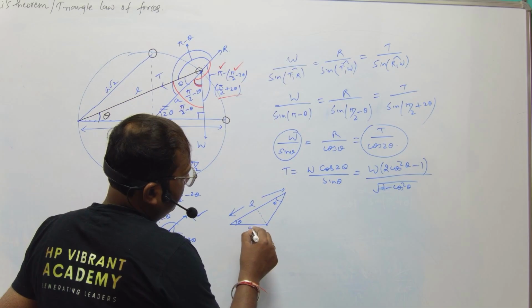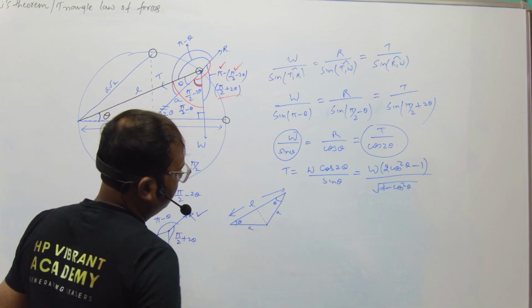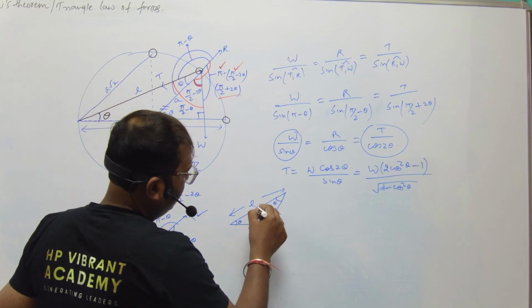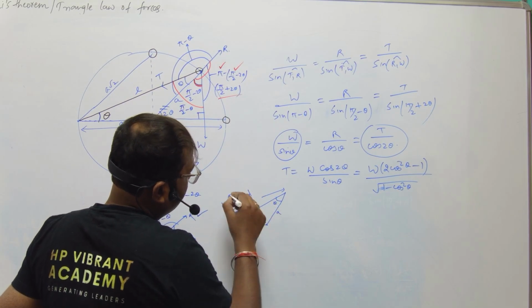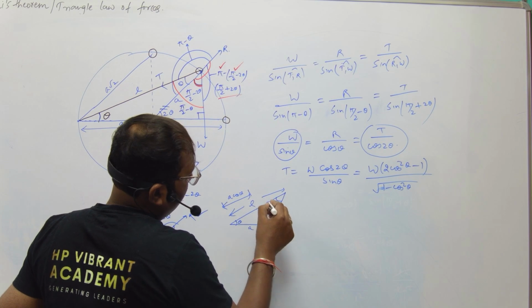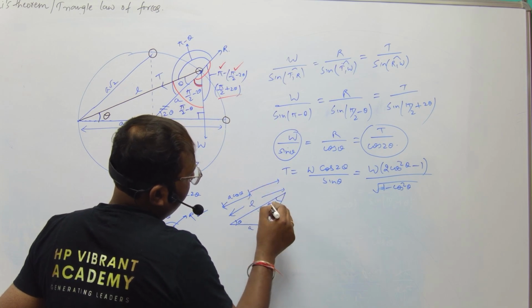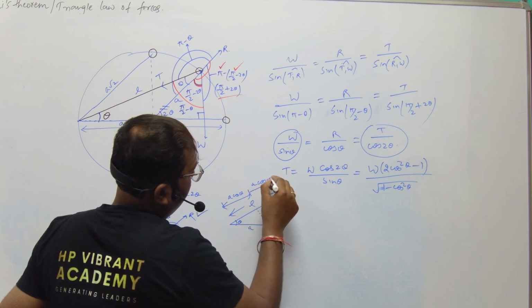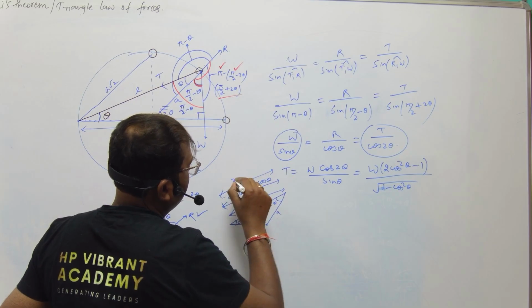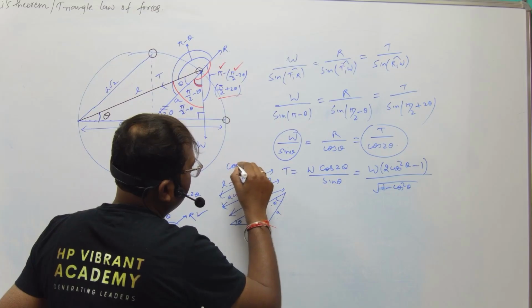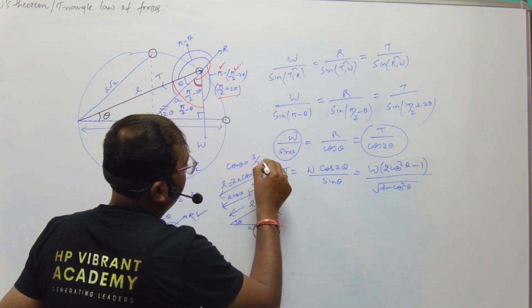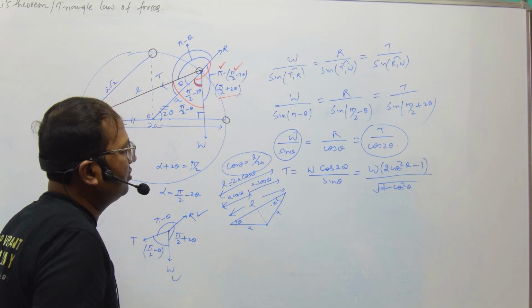The radius is A. This length will be A cos theta, and this length will be A cos theta. The whole length will be 2A cos theta, and this is equal to L. So from here cos theta is equal to L upon 2A.